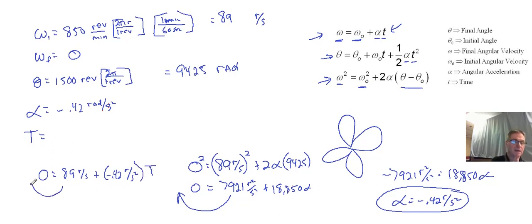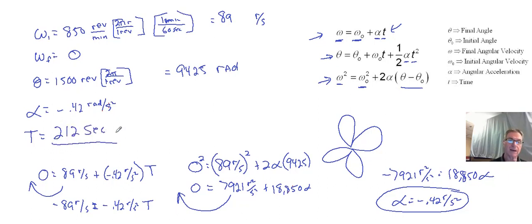All right, I move this to the other side, and I get negative 89 radians per second equals negative 0.42 radians per second squared times time. When I divide each side by negative 0.42, I get about time equal to 212 seconds. Okay.